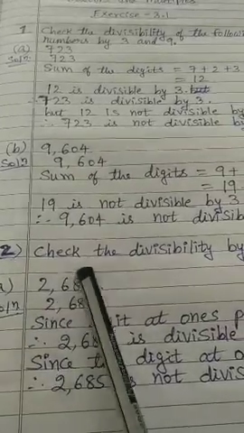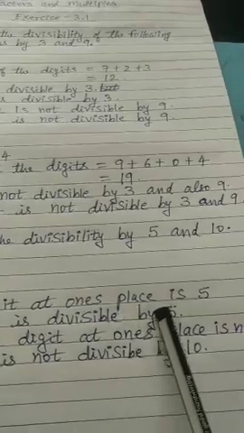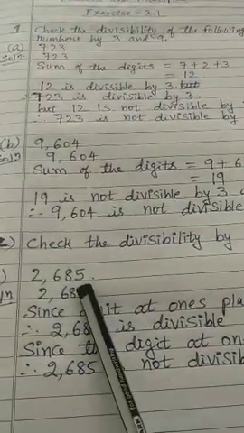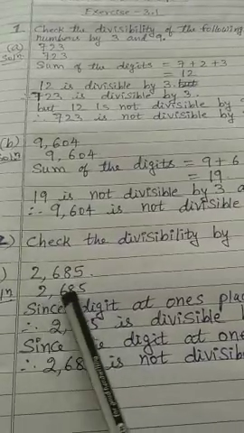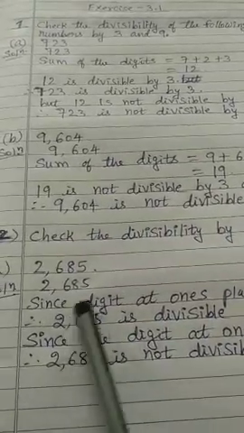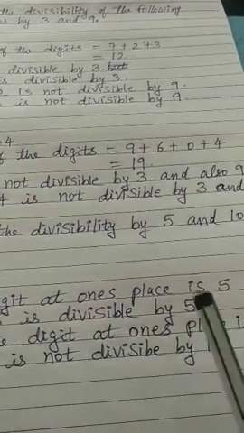Solution. Again write the given number. Since the digit at ones place is 5, so automatically this number is divisible by 5. This is the conclusion. Therefore 2685 is divisible by 5.